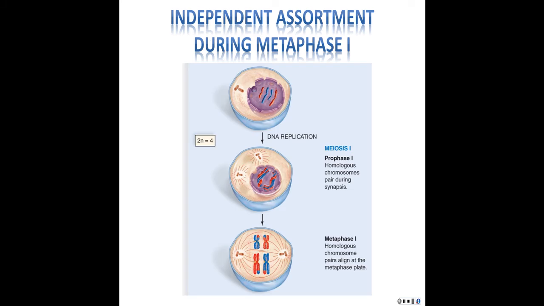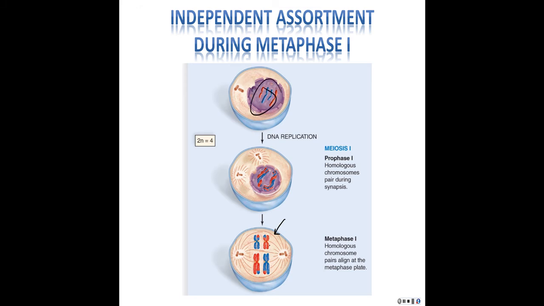Okay, and this depicts a really good crossing over. So you can see synapsis occurs. Synapsis is when the homologs pair up. They exchange pieces, and then during metaphase 1 you can see the results of that crossing over. Also notice those are 4 completely new chromosomes compared to the original.